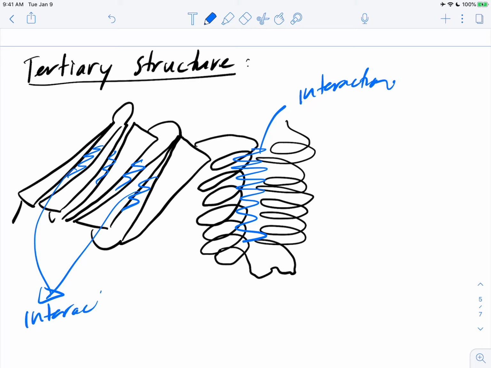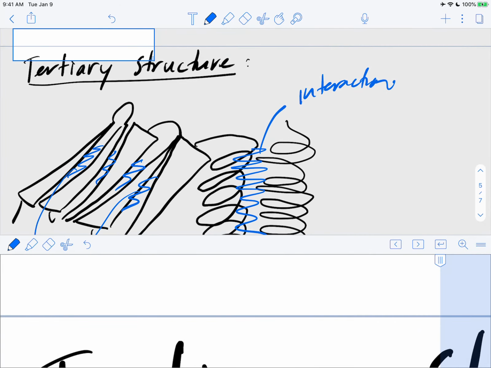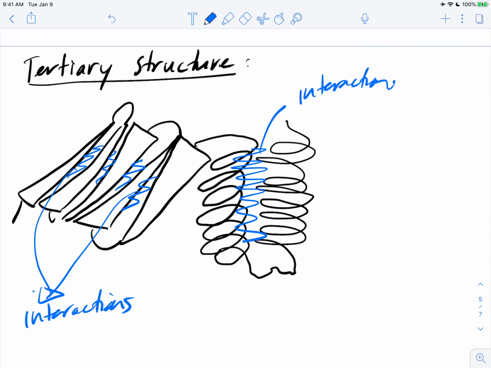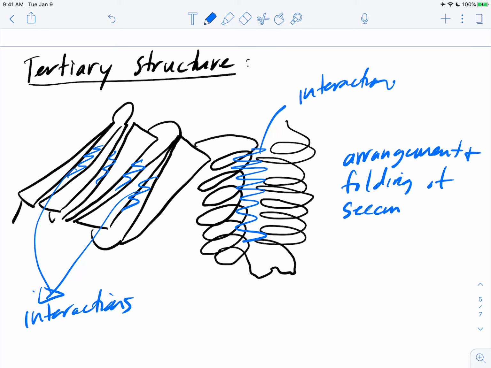It's kind of like glue or Velcro that make them stick together in this shape and just kind of flop around in the solution. So the tertiary structure is specifically talking about the arrangement and the folding of the secondary structure. So how are the alpha helix and the beta pleated sheets arranged together to make a structure?